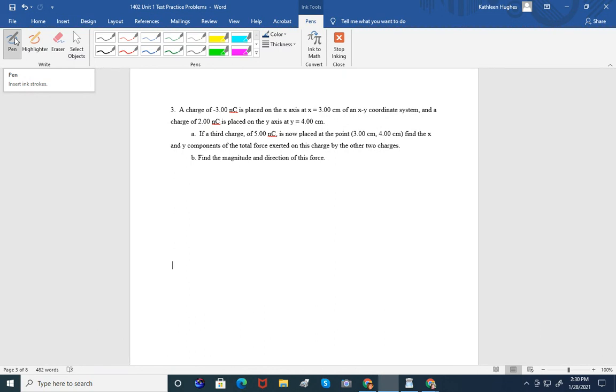A problem like this, the very first thing you need to do is draw a picture. I'm going to do a little labeling too. I'm going to call this Q1. And I'm going to call this one Q2. And then finally this one over here is Q3. So if I draw a picture, Q1 is on the x-axis at 3 centimeters.